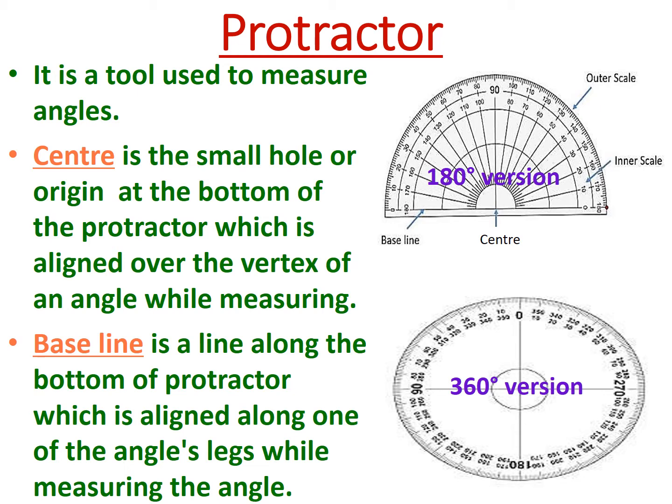Center. It is a small hole or origin near the bottom of the protractor, aligned over the vertex of the angle to be measured. Whenever we measure or draw an angle, the center should be on the vertex of the angle.